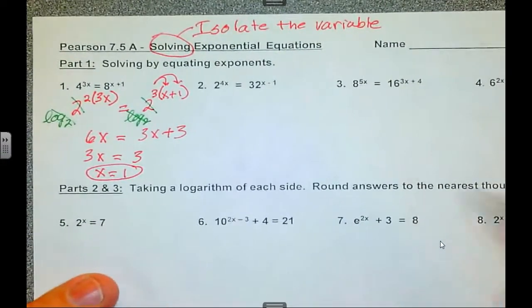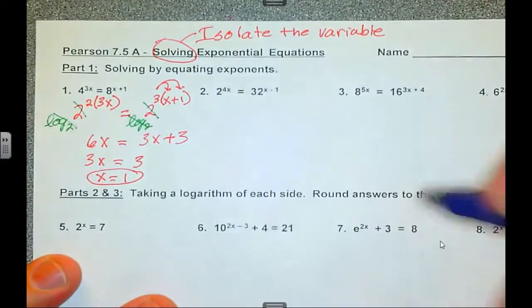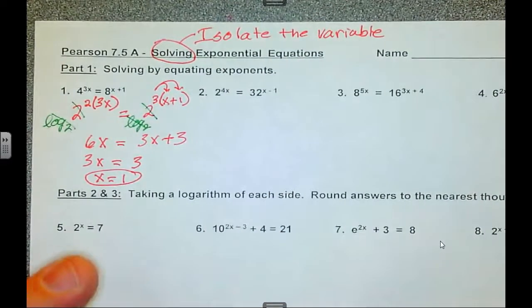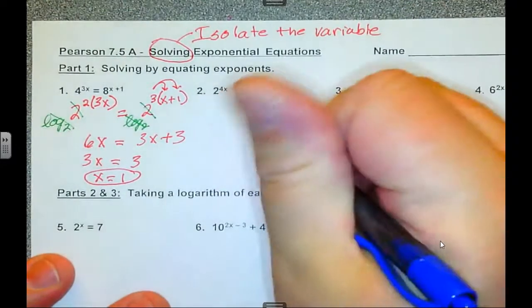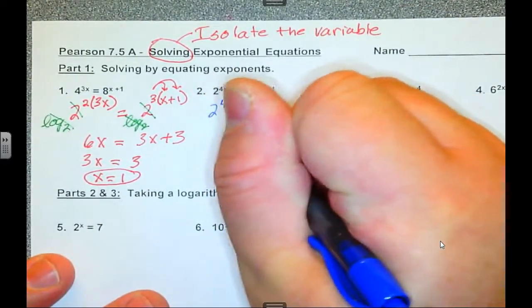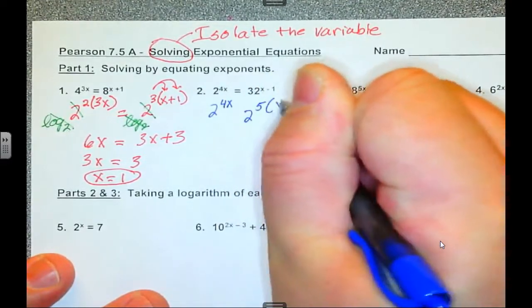All right, number 2. Let's see, I can rewrite 32 as 2 to the 5th. Yeah, 2 to the 5th. So I got 2 to the 5th times the quantity x minus 1.